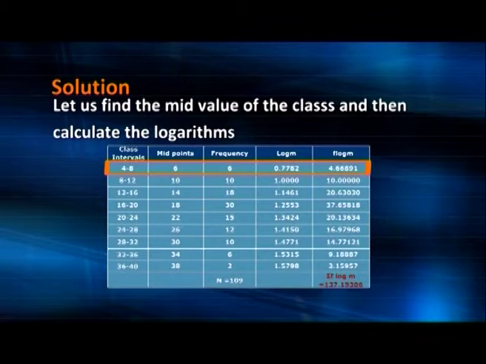Then, the logarithmic value of the midpoint values are taken. In this case, the logarithmic value of 6 is 0.7782, which is further multiplied with the frequency 6, which is equal to 4.66891. The same method is followed for the other values as represented in the table.